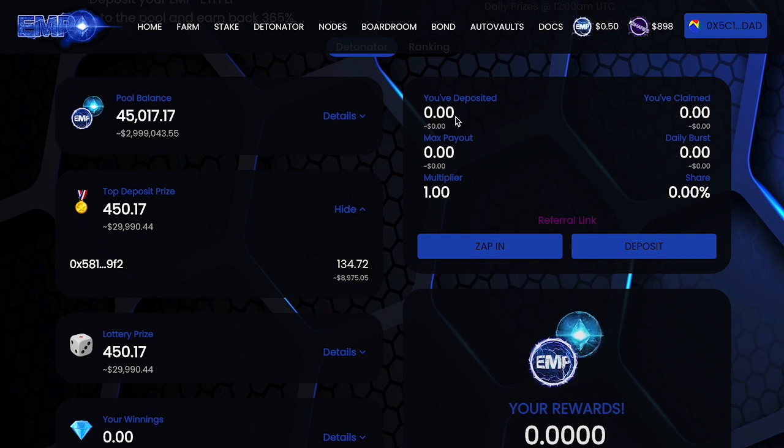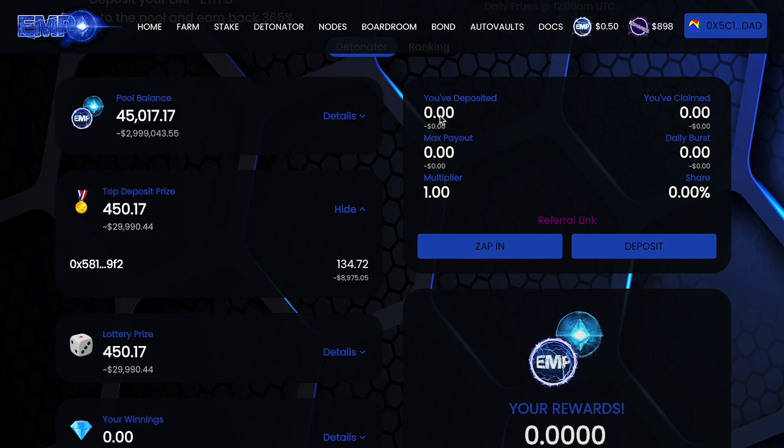So hopefully that makes sense. If you choose to compound versus claiming straight out of Detonator and into your MetaMask wallet, both of those are going to show up as a claim. But in the compound case, it's going to go back as a new deposit into your contract. And that also means you're going to get a new 365 on that amount.